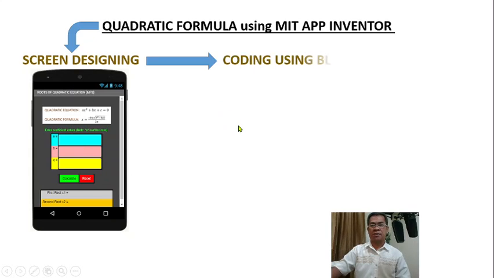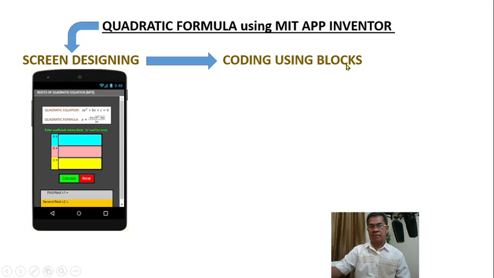Then, step 2, we go for coding using blocks. Coding is programming, and MIT provides the easiest way to do the coding, because we will use blocks. All you need to do is drag and insert. It is actually a programming process. If your blocks fit in, it means you have the proper syntax.